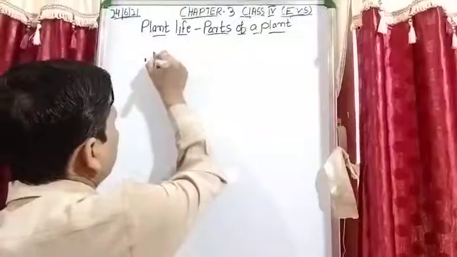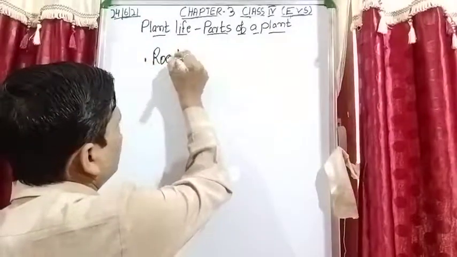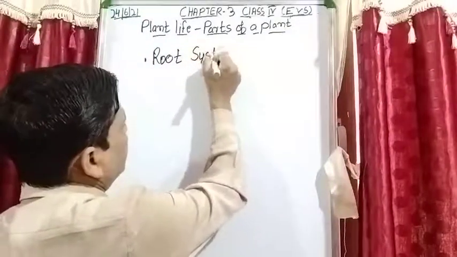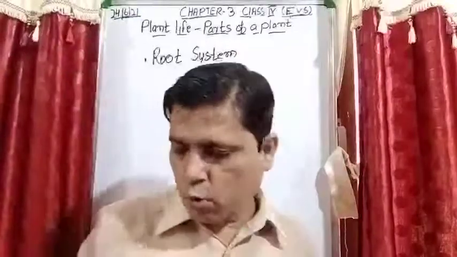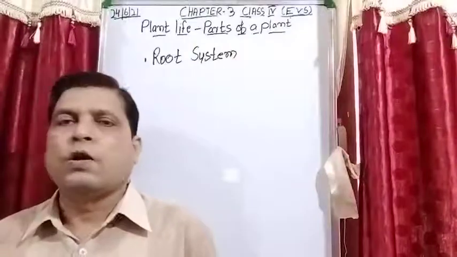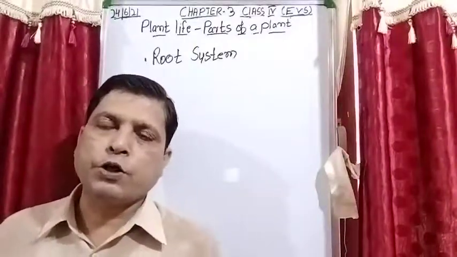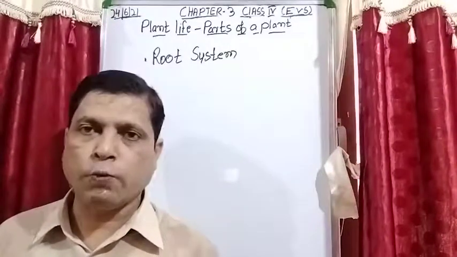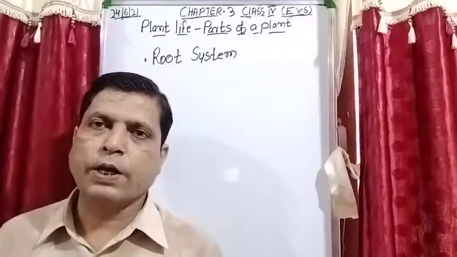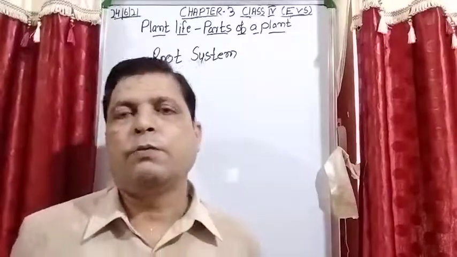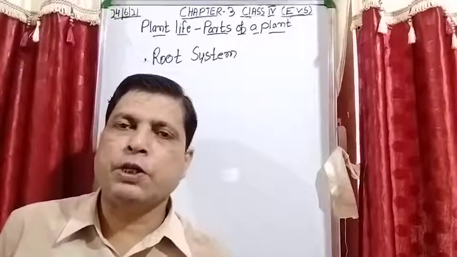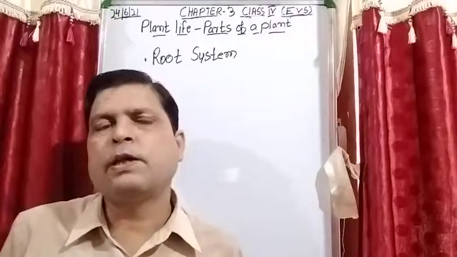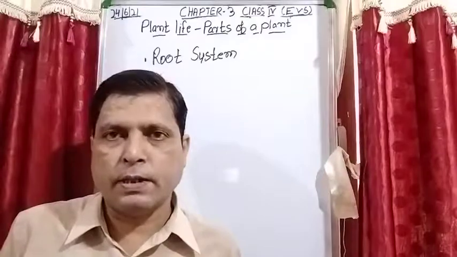First is the root system. So root system, the part of the plant which grows downwards. Okay, so the part of the plant which is below the ground, or the part of the plant which is in the soil, that is known as your root system.